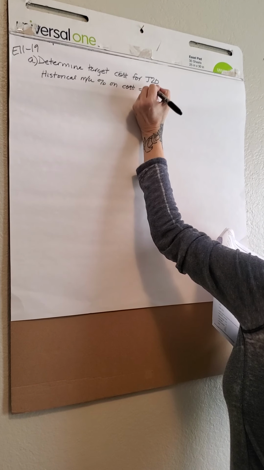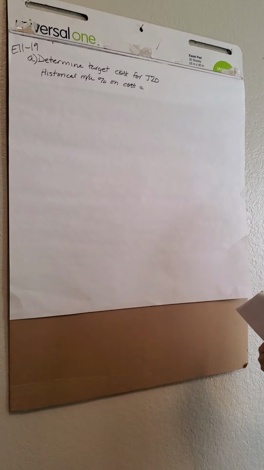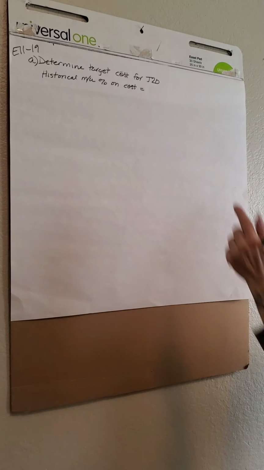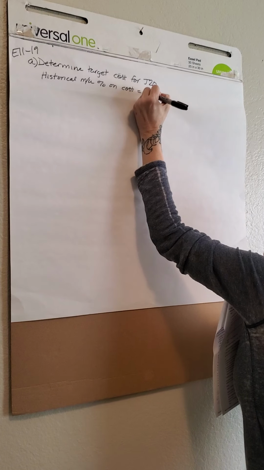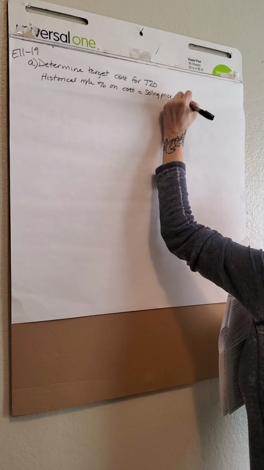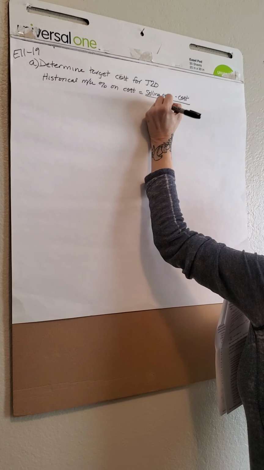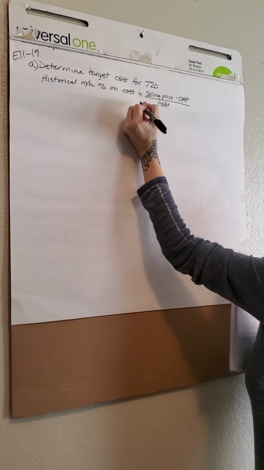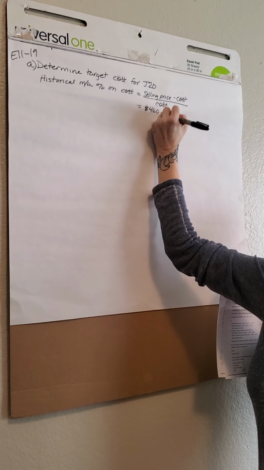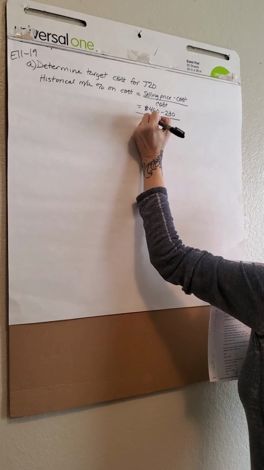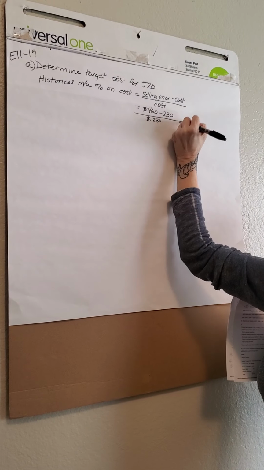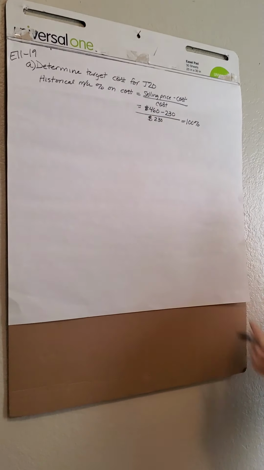We're going to do the selling price minus cost over our cost. So we know that the current selling price is $460, and the problem has told us that $230 is our cost, over $230. So that's going to equal 100% markup on cost.